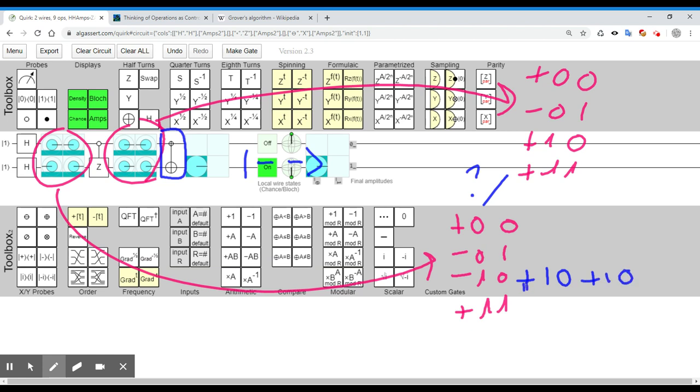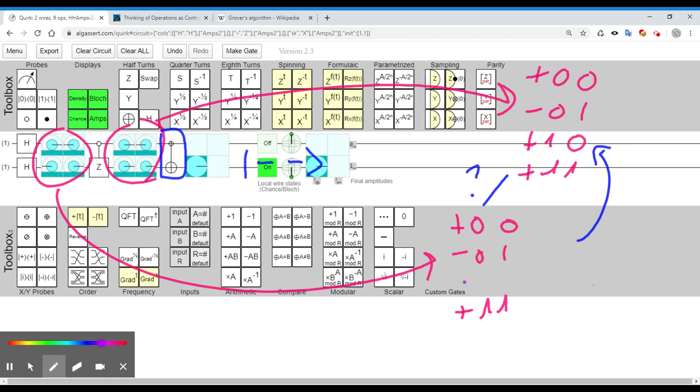So you would basically add that, and then those things would cancel out with these, and then you would get exactly that mathematically. Okay, so let's imagine that we have that.